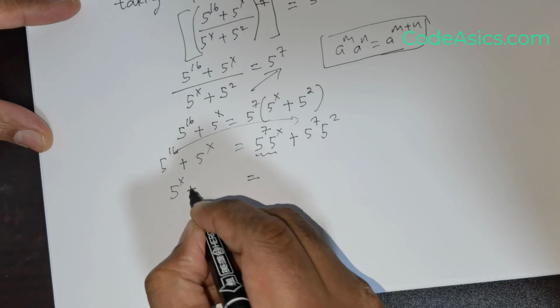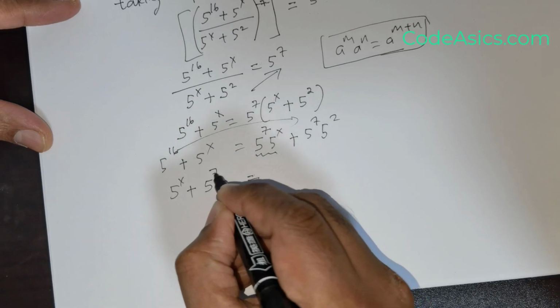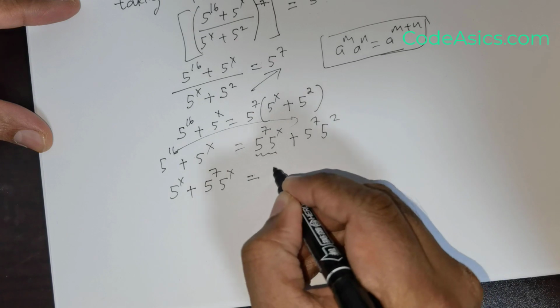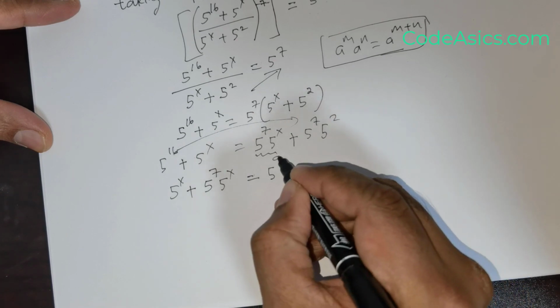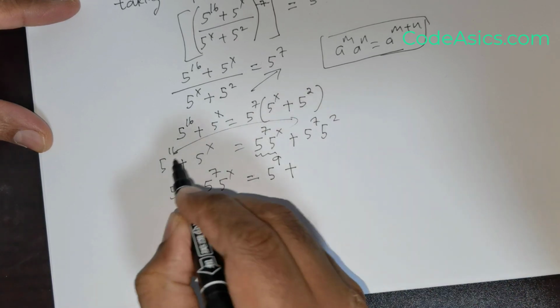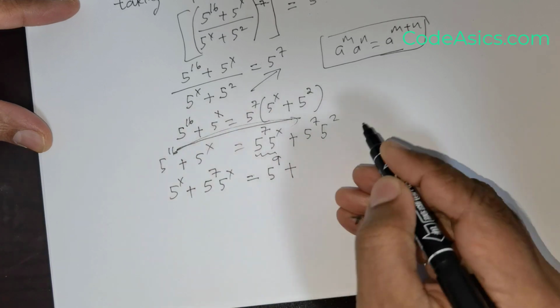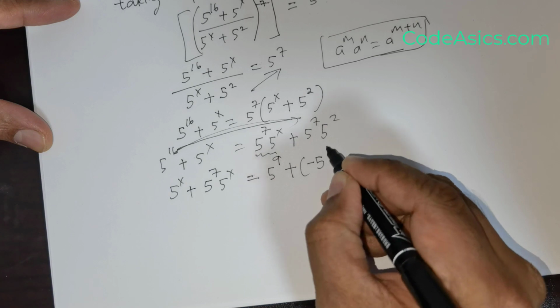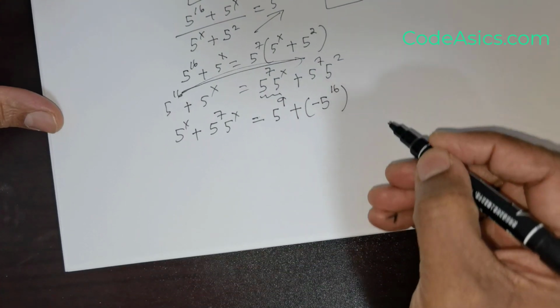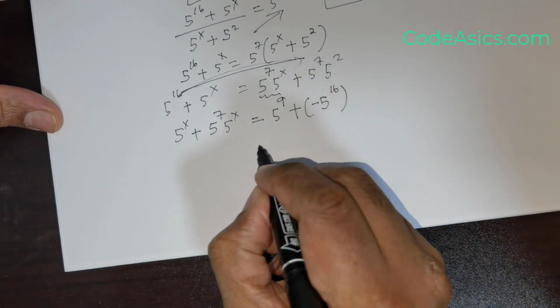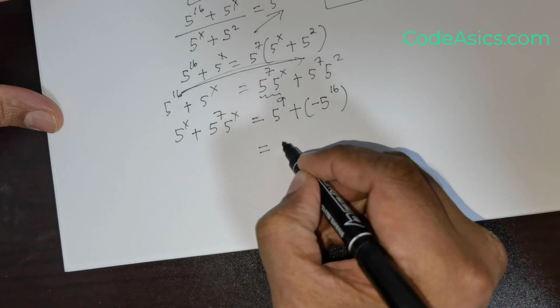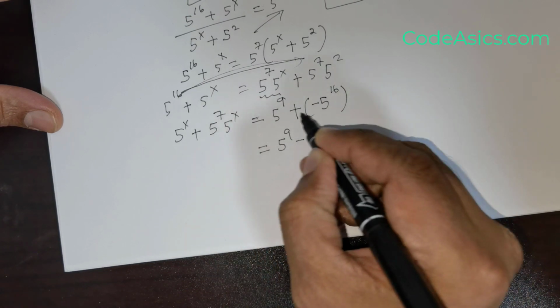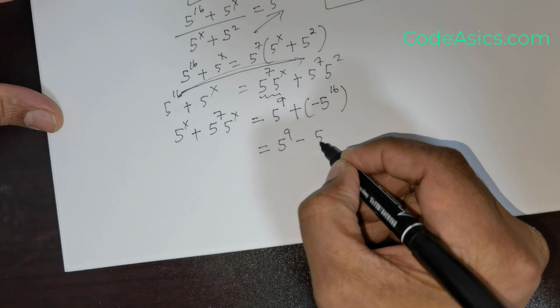So it's 5^x minus 5^7 times 5^x is equal to 5^9 minus, as I mentioned to you, I'm moving this 5^16 to the other side, so it's going to be negative 5^16. So this is going to be equal to 5^9 plus 7 minus 5^16.